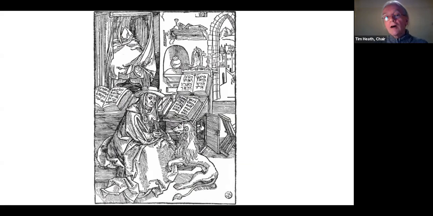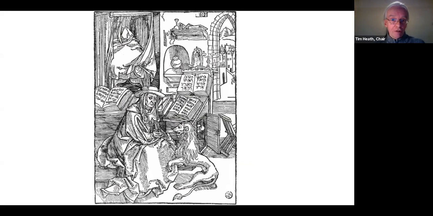Here we have an artist, Albrecht Dürer. As an artist, he's playing more with the idea of the frontispiece. And this, from 1497, was the frontispiece to an edition of St. Jerome's letters. And it tells very much a story about St. Jerome.